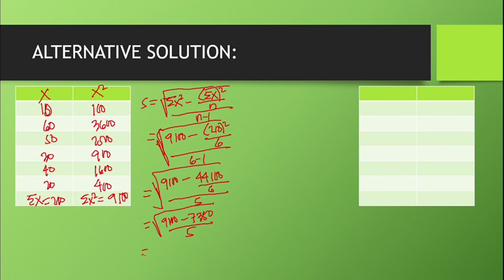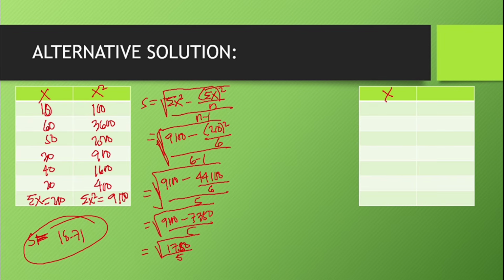So our s now is the square root of 1,750 over 5. So what's the standard deviation here? The standard deviation is equal to 18.71. Okay, same as the result of the previous example or the previous formula.